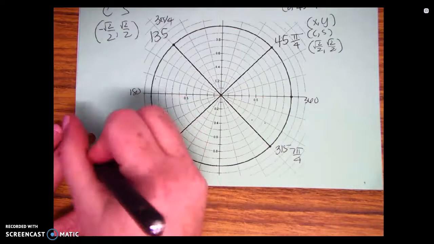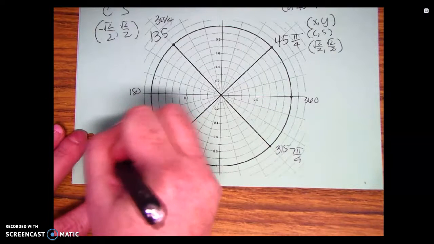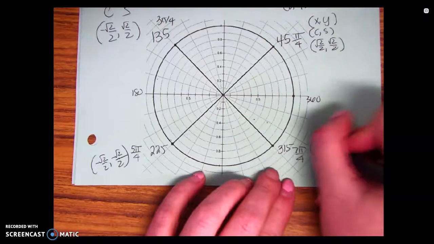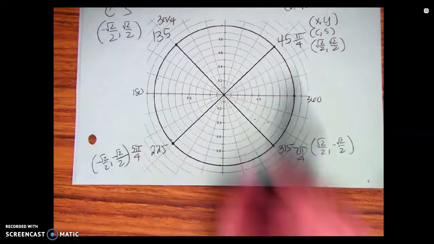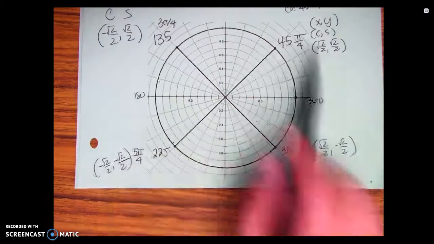Same thing here. This will be negative, negative, because negative x, negative y, and this will be positive x, negative y. So the values will change based on the quadrant that you're in.